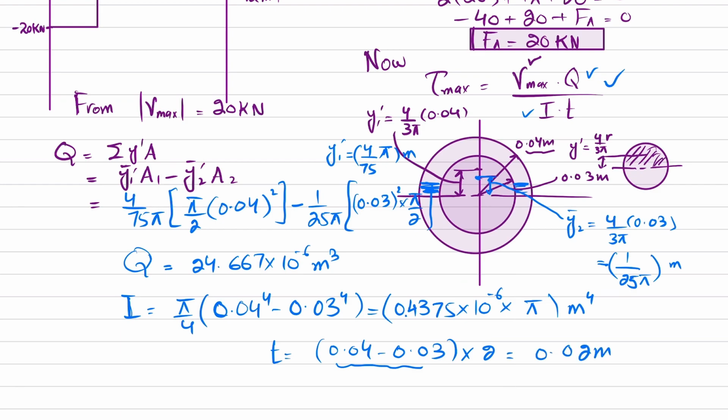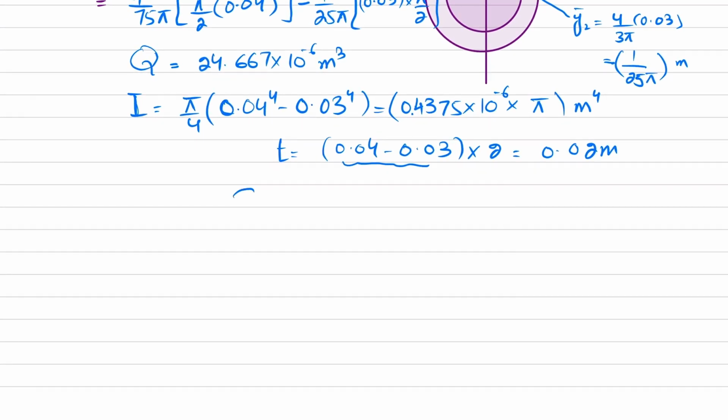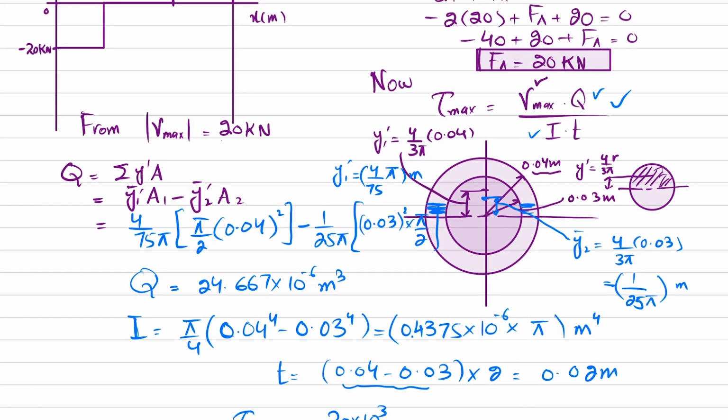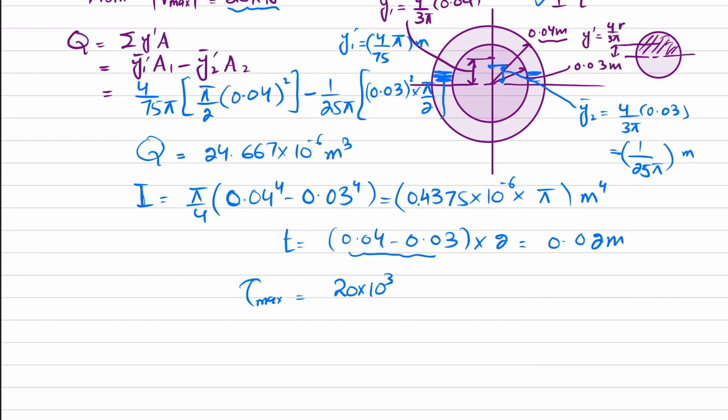Tau max is equal to Vmax, which was 20 into 10 to the power 3, that is 20 kilonewton, into Q, which is 24.667 into 10 to the power minus 6, divided by I, which is 0.4375 into 10 to the power minus 6 multiplied by pi, and the thickness is 0.02.